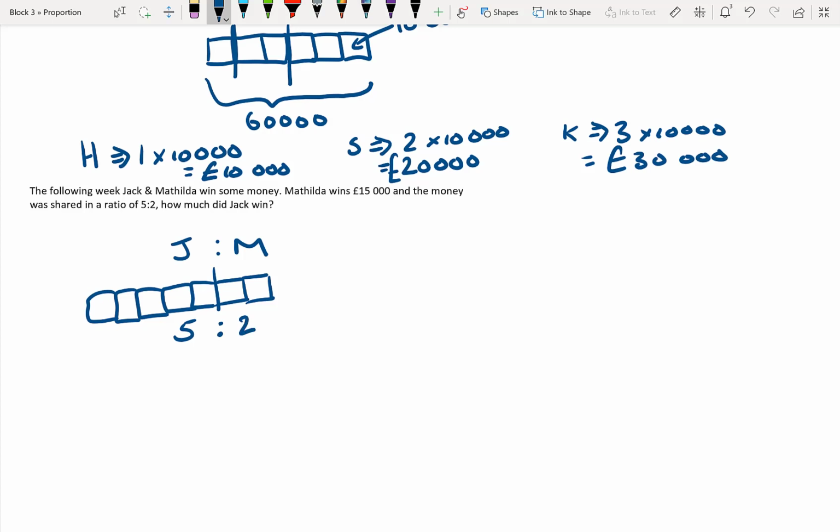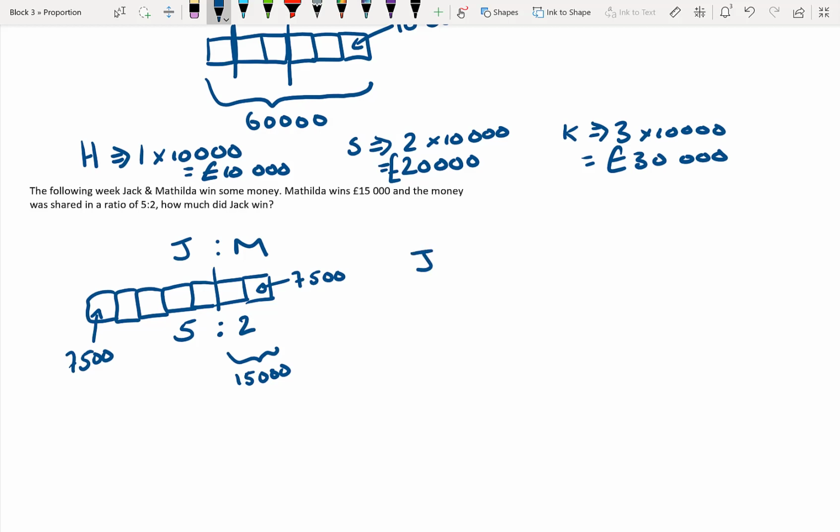What I know is I know that Matilda's 2 here comes to 15,000. Okay, so 2 parts for Matilda comes to 15,000, so 2 lots is 15,000. That means each one of these is 7,500, which makes each one of these 7,500. So every box here is worth 7,500.